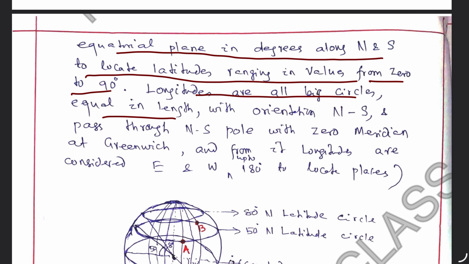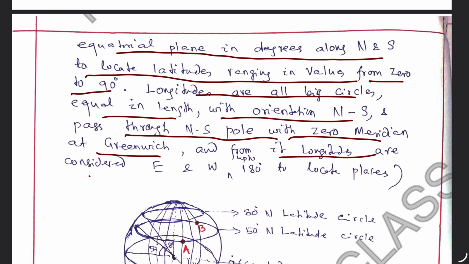They are equal in length, oriented north-south, and pass through the north and south poles, with the zero meridian at Greenwich. From it, longitudes are considered east and west up to 180 degrees to locate places on the Earth's surface.